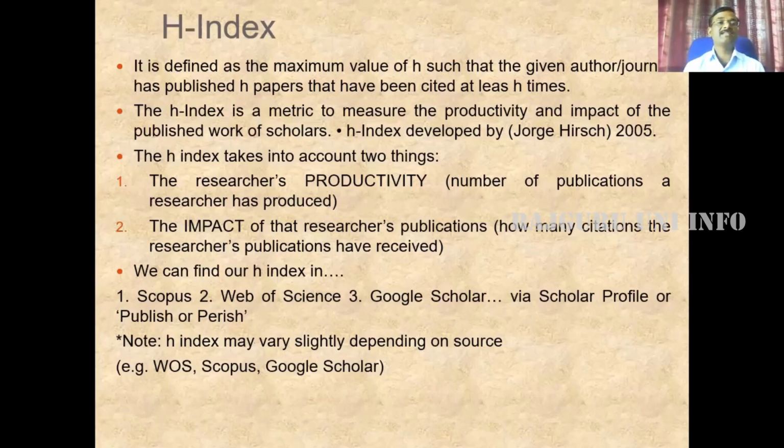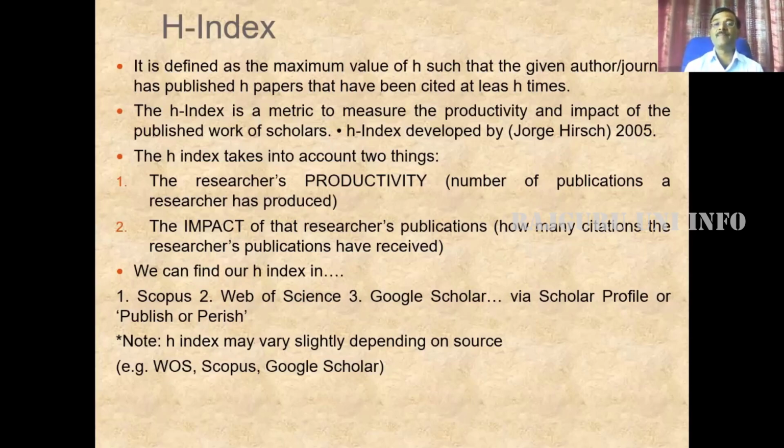When it comes to H index, it is the maximum value of H such that the given author or journal has published H papers that have been cited at least H times. H index is a metric to measure the productivity and impact of the published work of scholars.